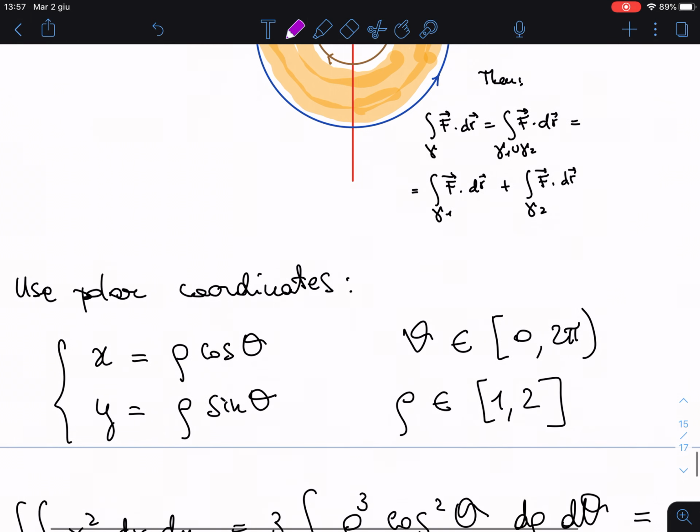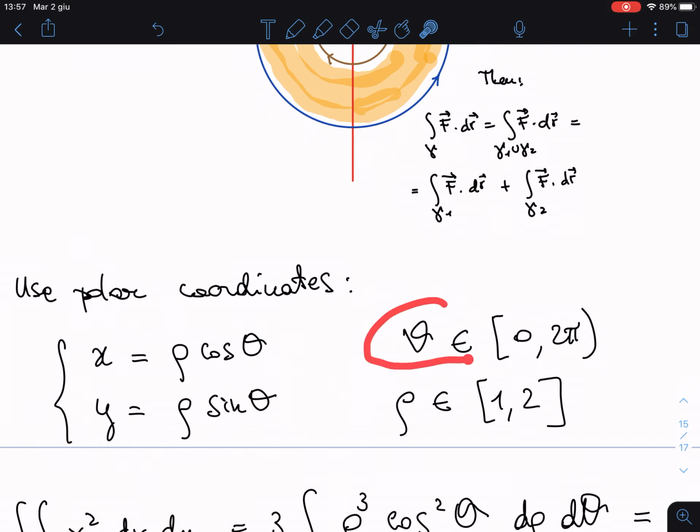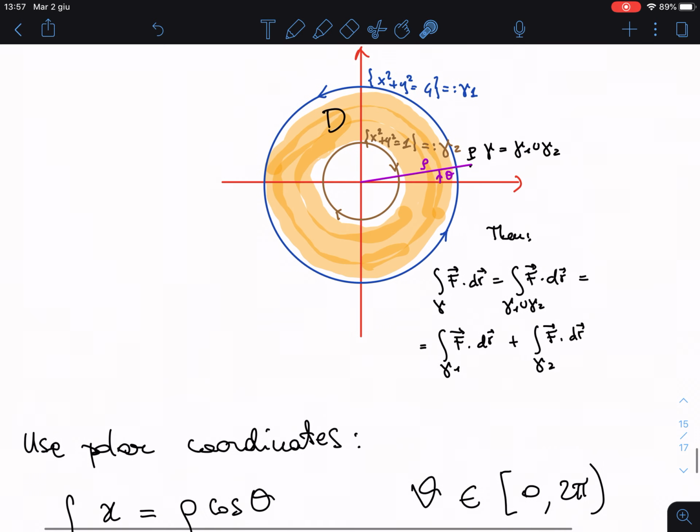So we have this formula for the polar coordinates: x equal to rho cos theta, y equal to rho sine of theta. Theta in this description of D must go from 0 to 2 pi, because you see D has a sort of circular structure, so every angle from 0 to 2 pi is described here, and rho from 1 to 2.